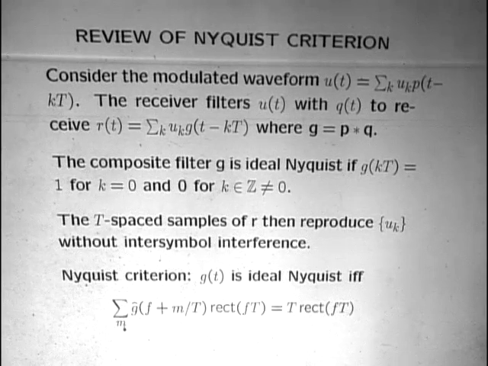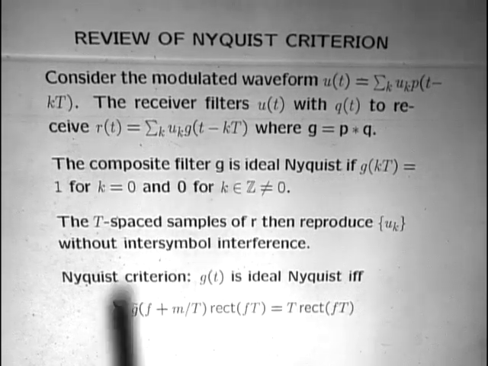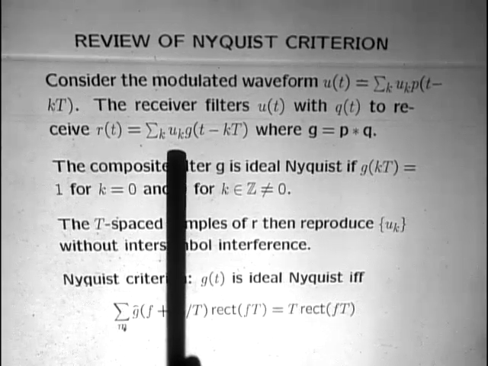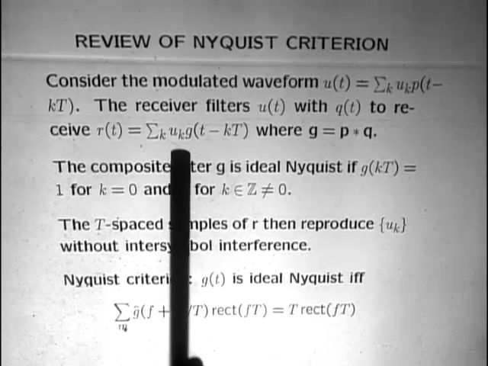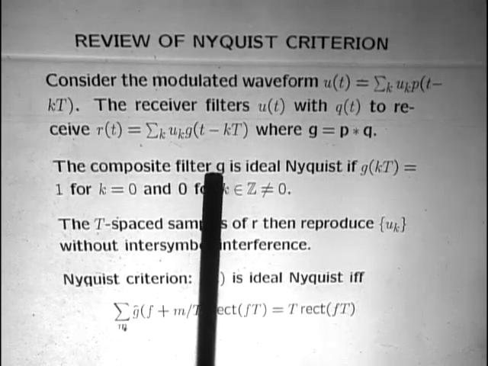So the only thing we're interested in is the properties of this composite waveform, G of t. And what we find is if we receive R of t, which is this waveform sum of U sub k G of t minus kT, and if we want to retrieve the coefficients U sub k, it becomes duck soup to do so if in fact this waveform is like a sampling waveform.